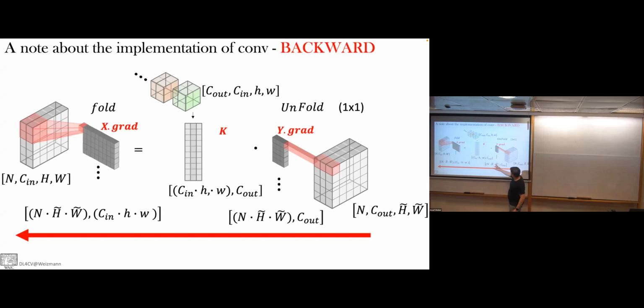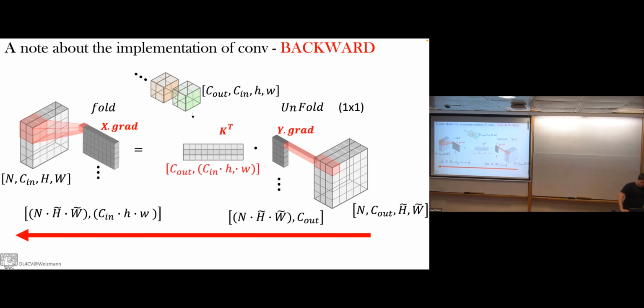I cannot multiply this with this as it is. So I transpose. Now it's valid. Okay? I can multiply this by this, and the output size is going to be, look at this dimension.